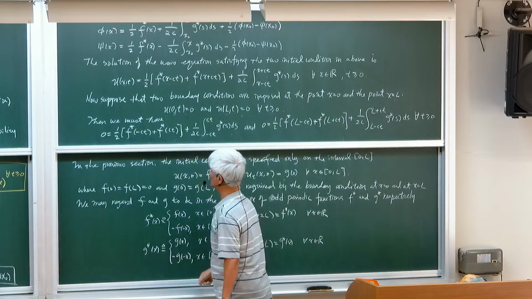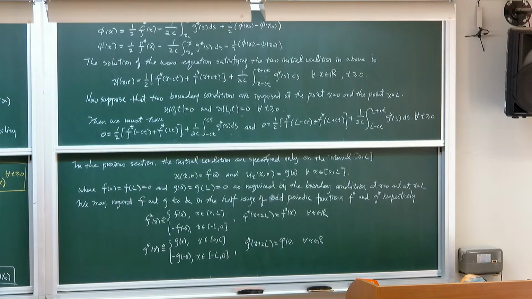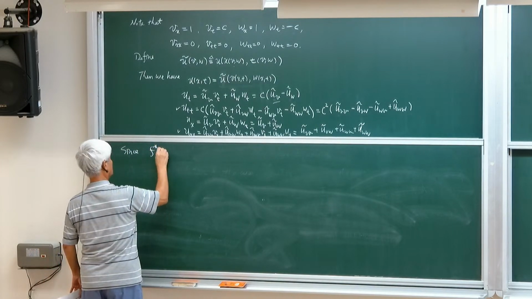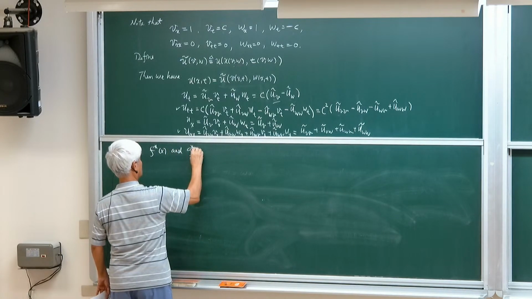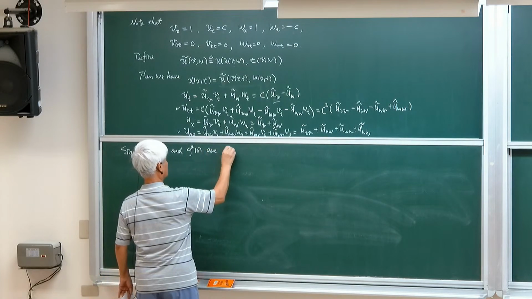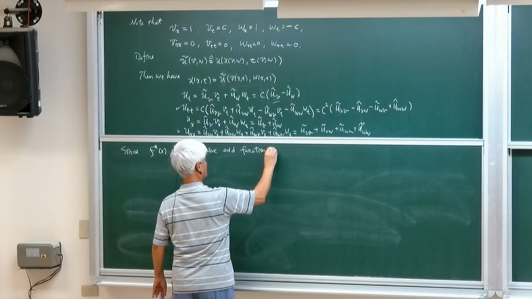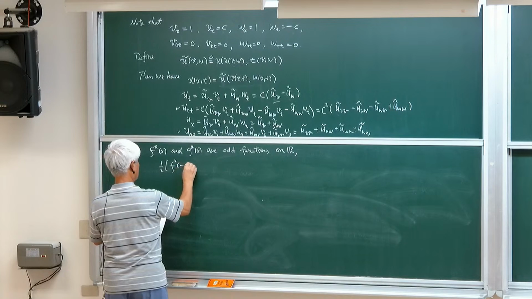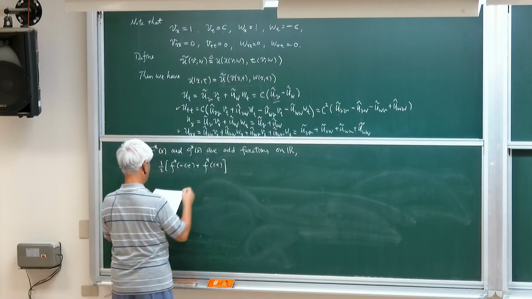Now since f star and g star are functions on R, we see half of f star of minus ct plus f star of ct.